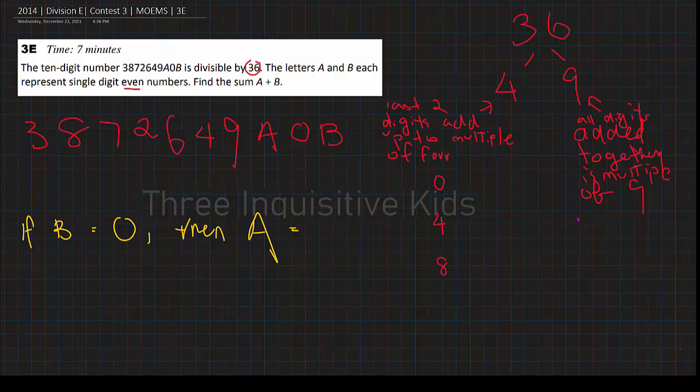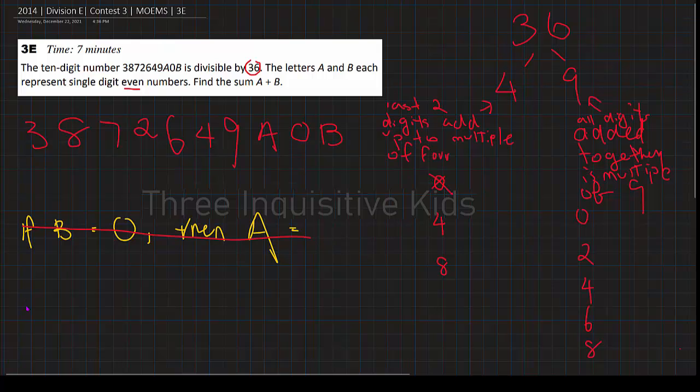Both of these digits are even numbers, so 0, 2, 4, 6, 8. If B equals 0, then A cannot equal 0 or 2, and it can't equal 4 either. That would not work either. So B does not equal 0.